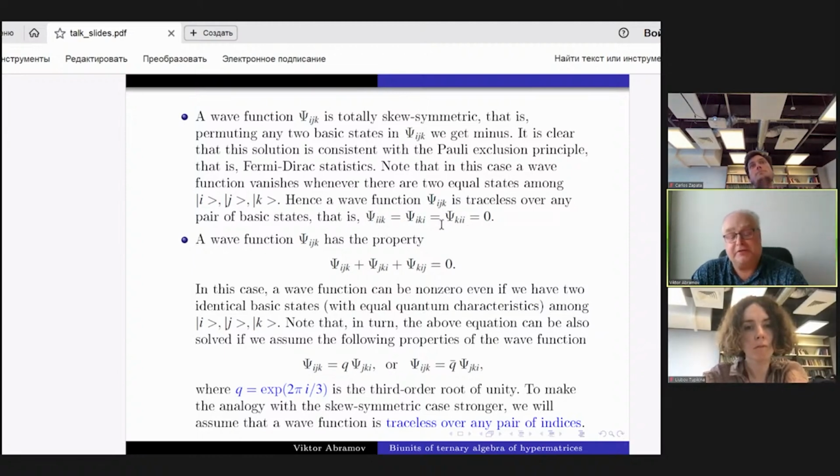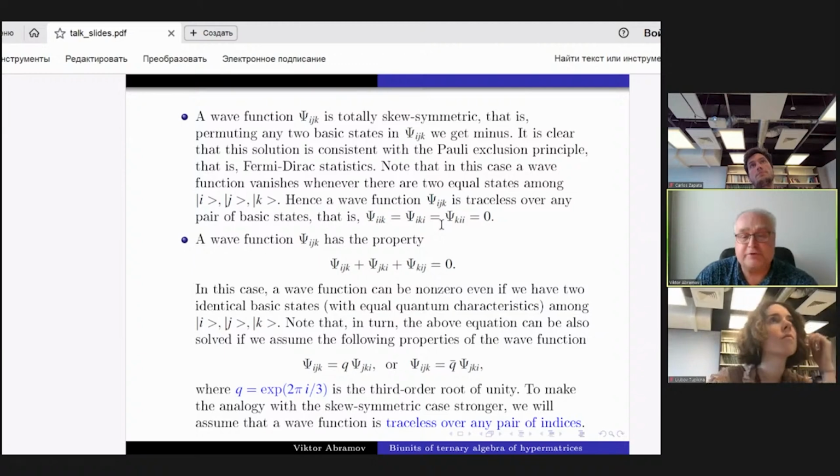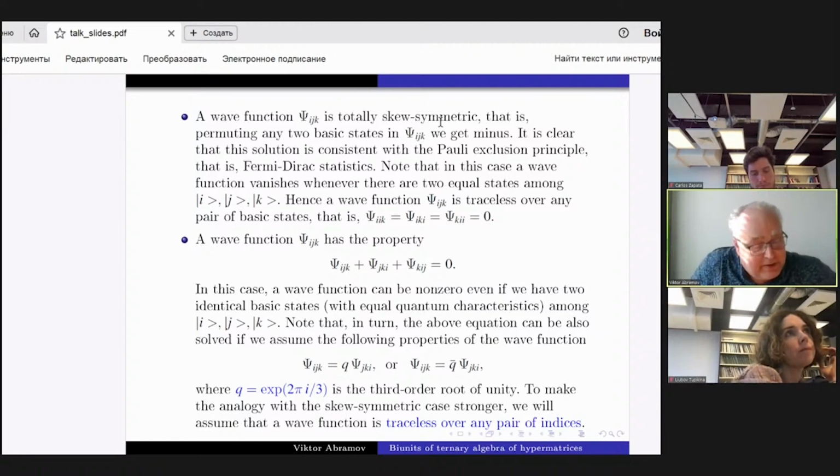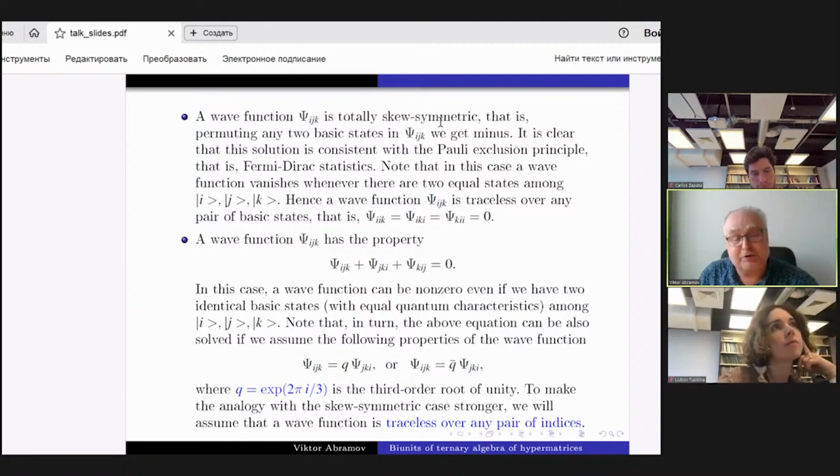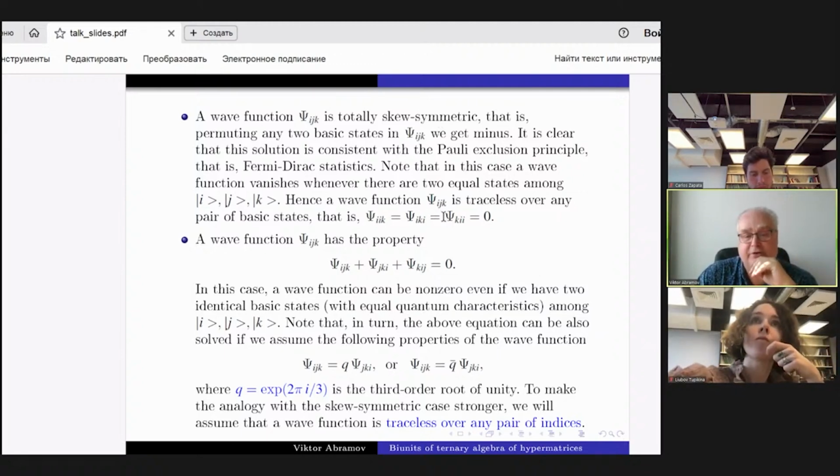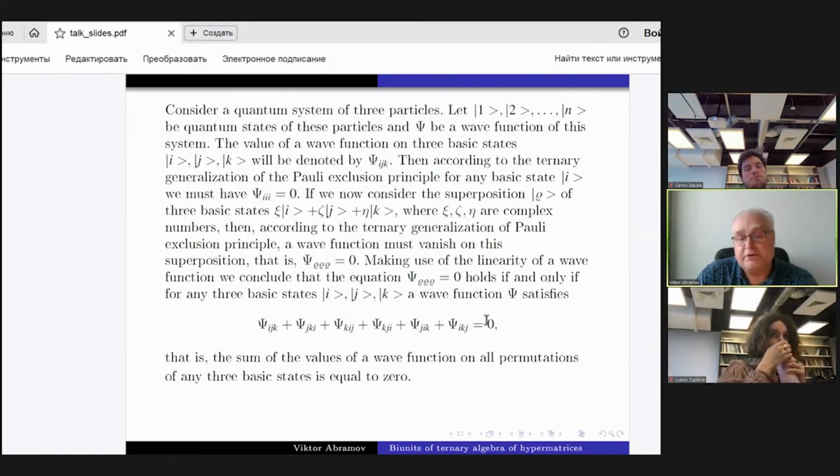Of course, it seems a bit strange, because it's natural when we assume a total q-symmetry, and people usually do not pay attention to this. But for me, it's important that the trace over any pair of indices is equal to 0. So now we can solve this condition in another way.